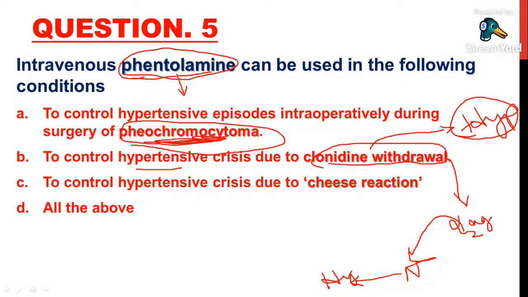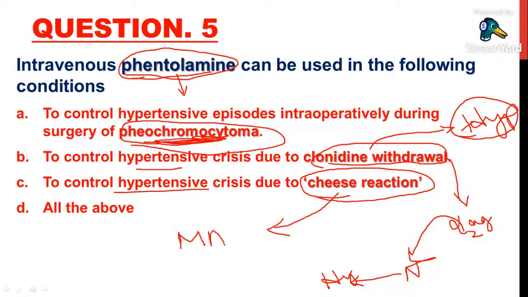And phentolamine is also used to control hypertension due to cheese reaction. Let me tell you about cheese reaction. In previous classes, I was telling you there is an enzyme called MAO, monoamine oxidase, monoamine oxidase A and monoamine oxidase B. We have some drugs called monoamine oxidase inhibitors, MAOIs.